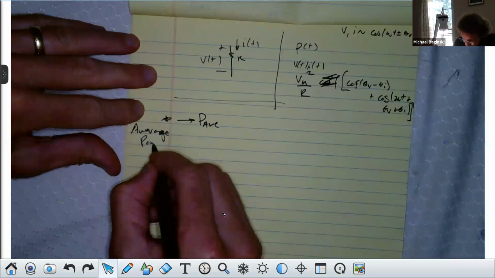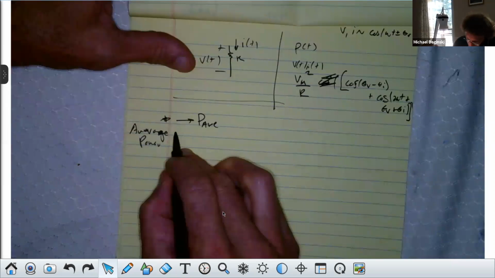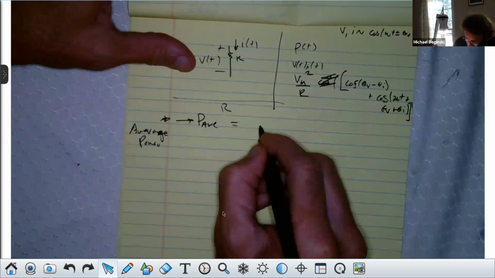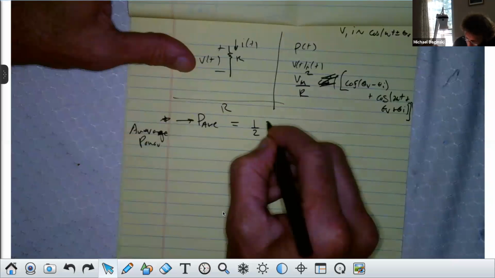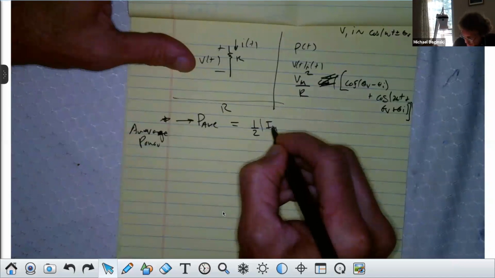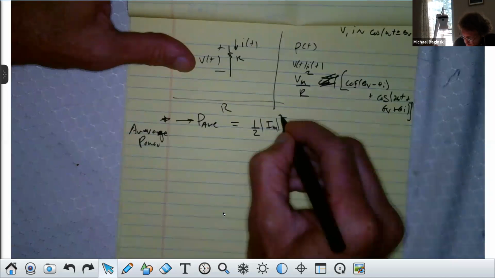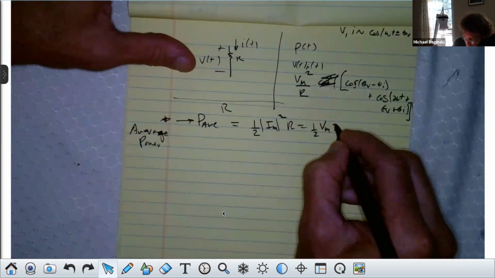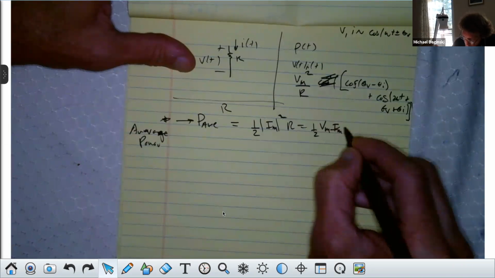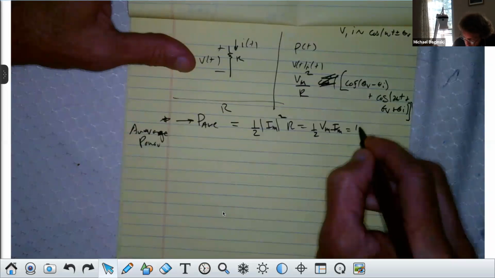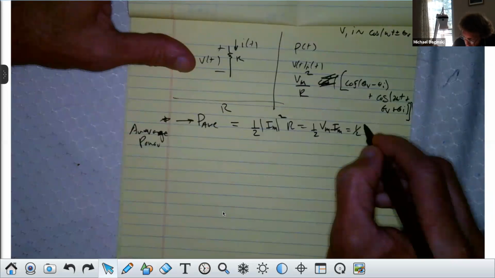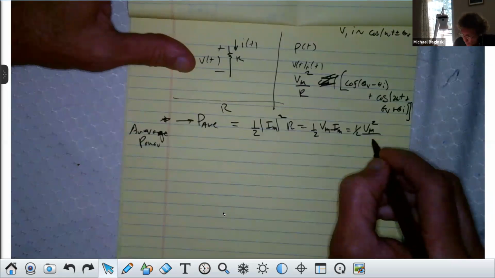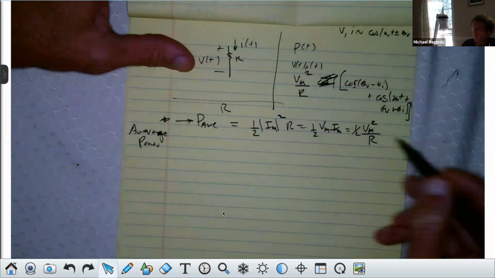The average power, and this is strictly for a resistor, so I'll put an R here, is equal to either 1/2 the magnitude of the current through the resistor squared times R, or it's equal to 1/2 Vm times Im, or it's equal to 1/2 times Vm squared divided by R. Now, all three of those are equivalent.